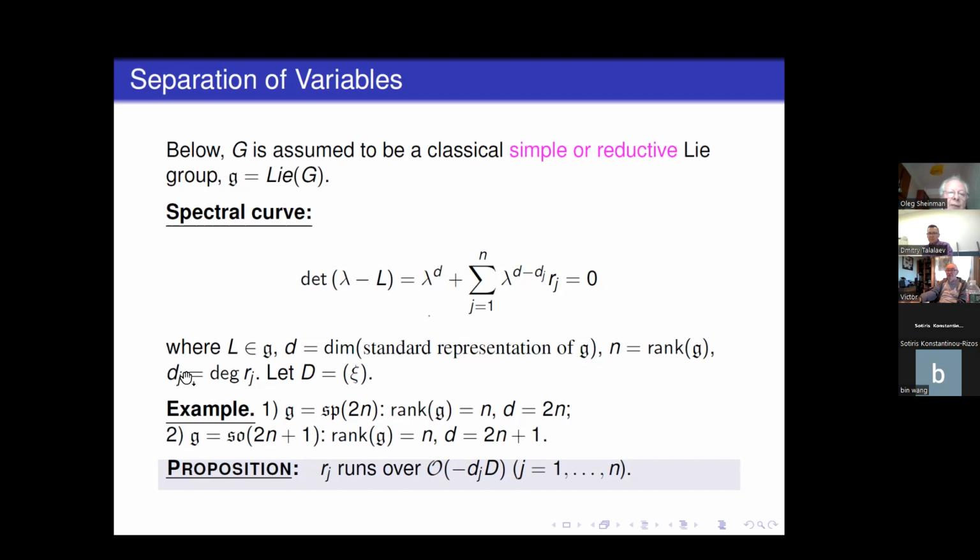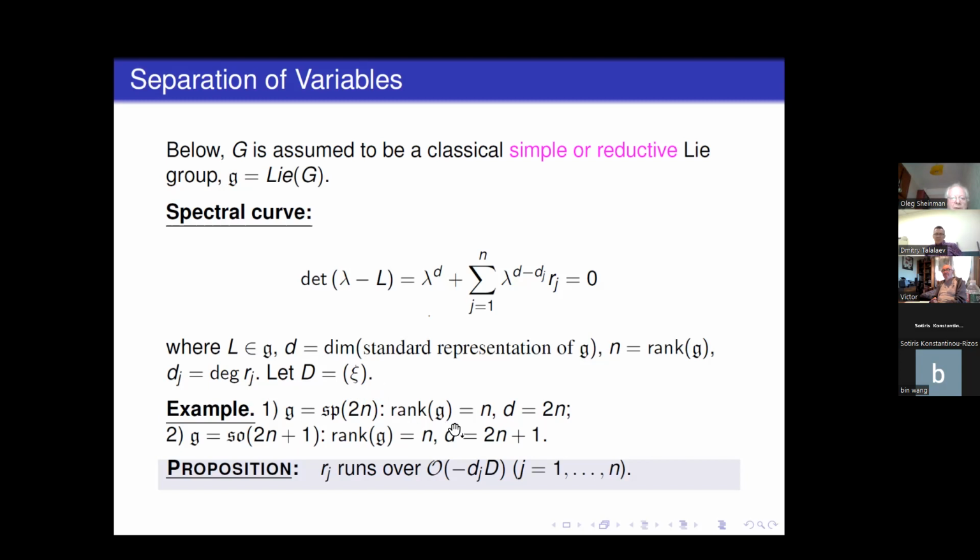Now, the numbers dj are nothing but the degrees of basis invariants of the Lie algebra G, and by capital D we denote the divisor of our fixed holomorphic differential psi.